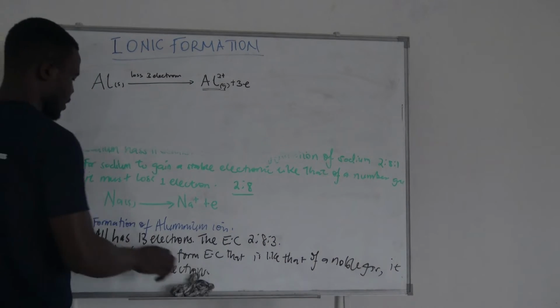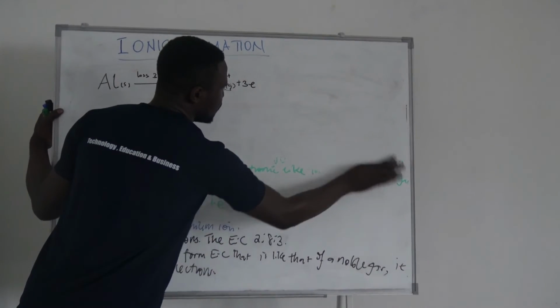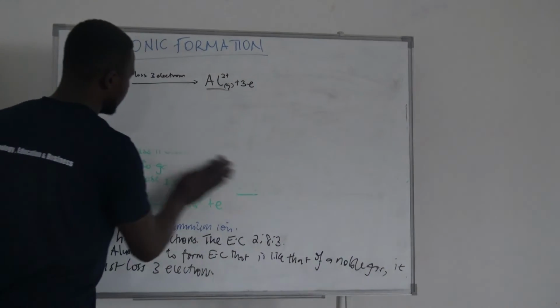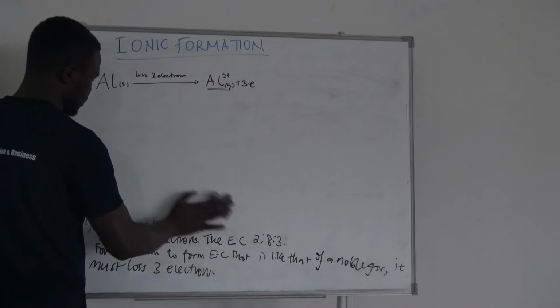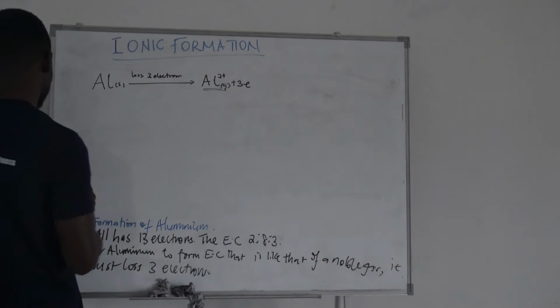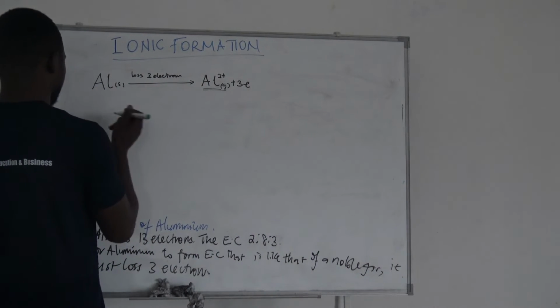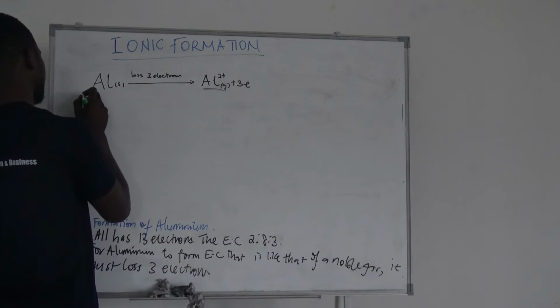Now, let us look at the formation of another cation that we know, called the ammonium ion. This is the third one.